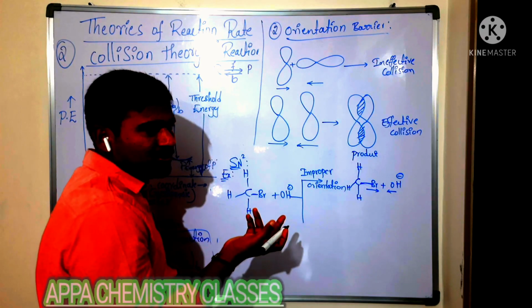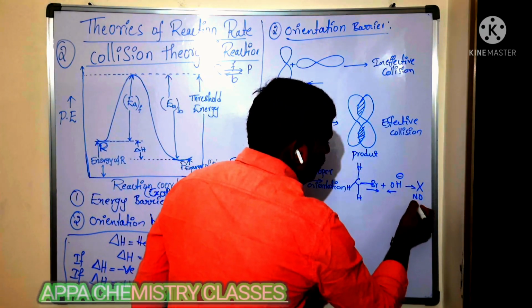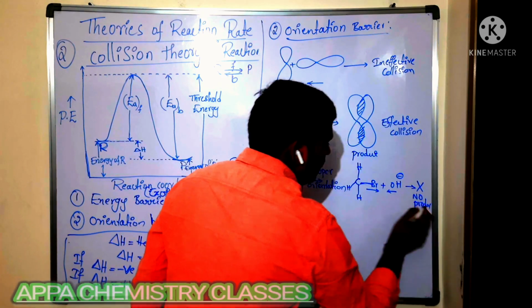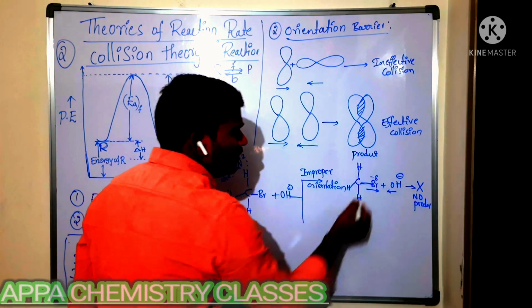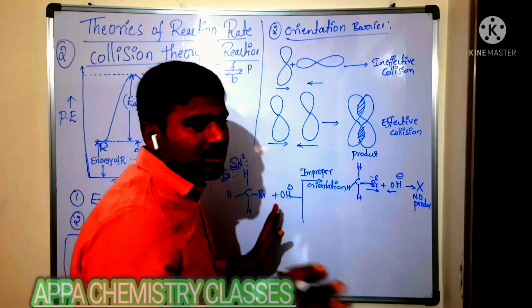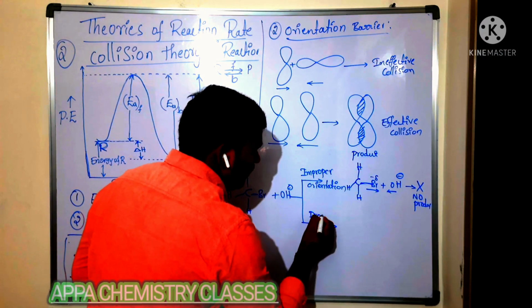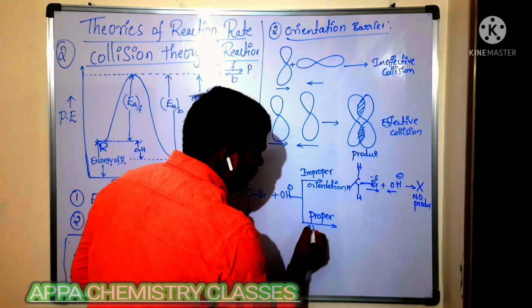Then there are no products at all, because this is a nucleophile and this is also a nucleophile, and both will repel. That is an improper orientation, and we will not get any product. But what happens if it is proper orientation? What is a proper orientation?